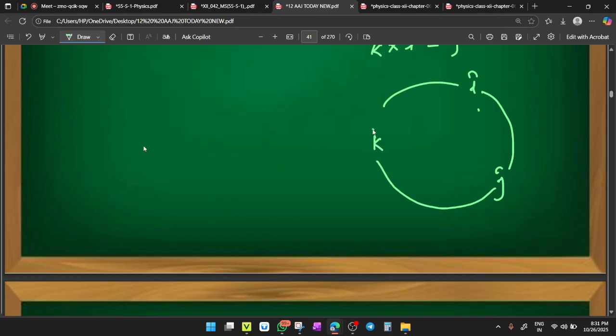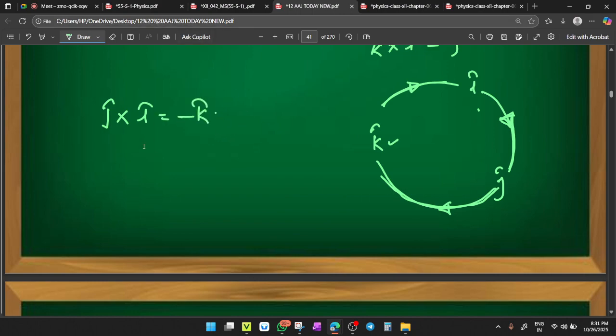So we use the Maxwell rule like this: here it is i cap, here it is j cap, and here it is k cap. You must have learned this in class 11th. When i cap moves towards j cap, it will produce k cap. When j cap moves towards k cap, it will produce i cap. And in reverse, when j cap moves towards i cap, it will give you minus k cap. j cap cross i cap equals minus k cap.